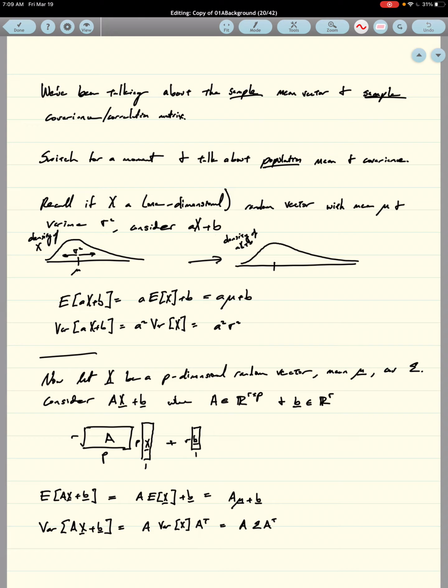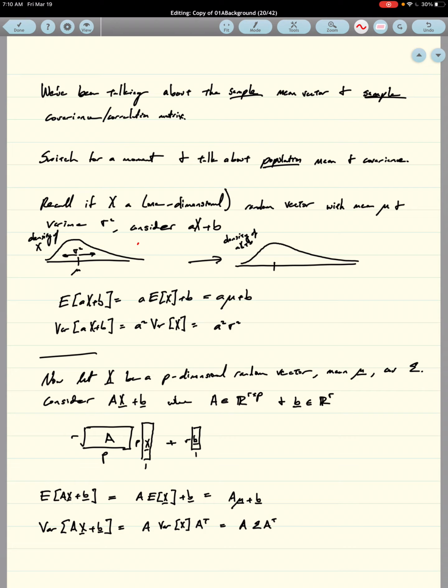Multiplying by a would change the shape of our distribution. So if a has magnitude greater than 1, our distribution is going to spread out a bit. Adding b is going to shift that distribution. Okay, so you are familiar with how this works.